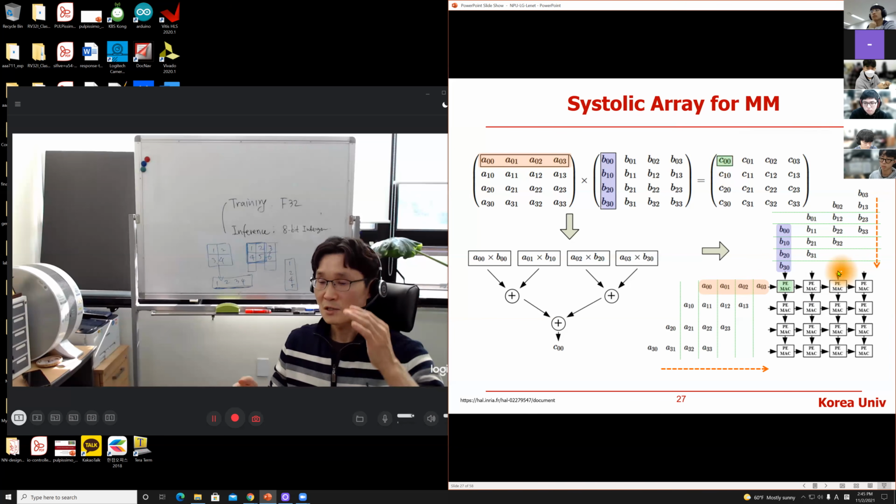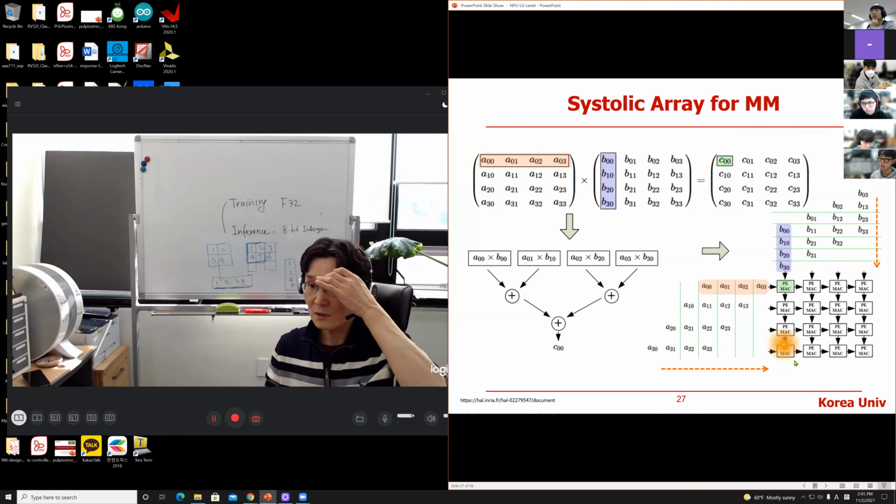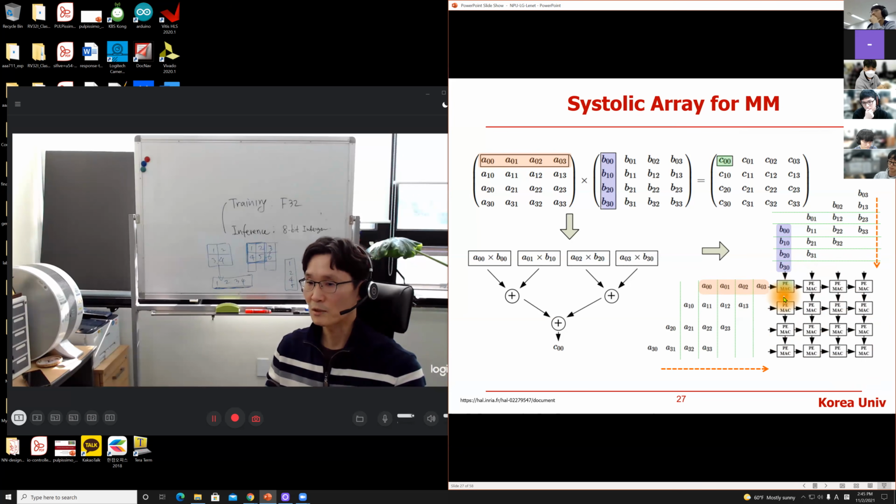So this is an example of a systolic array. You have the same processing element, PE, arranged in this way. Each processing element is doing a MAC operation, multiplication and accumulation.